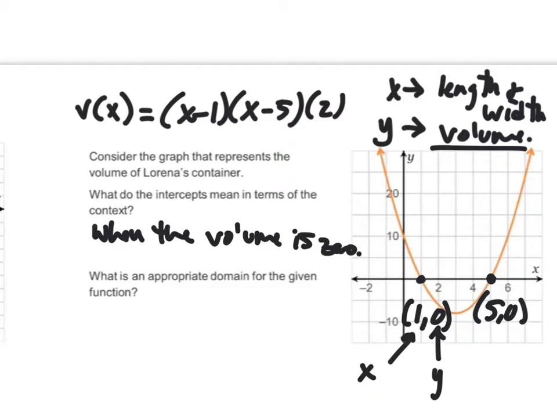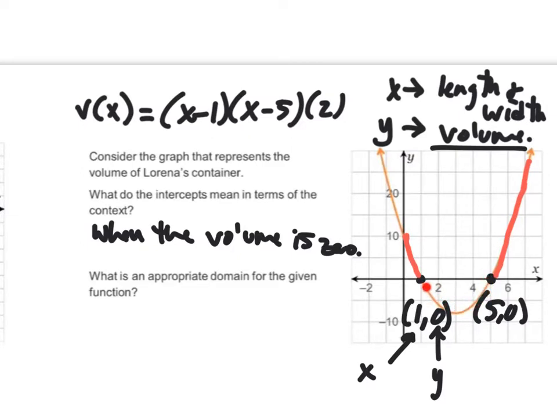Now, the other question that's being asked is, what is the appropriate domain for the given function? What I want to show you is that if you look at this graph, you should notice that I have y values between 1 and 5, and then beyond 5. I have y values at all those other points, but the difference is that right here, this tells me that I have a negative volume, which just doesn't really make any sense.